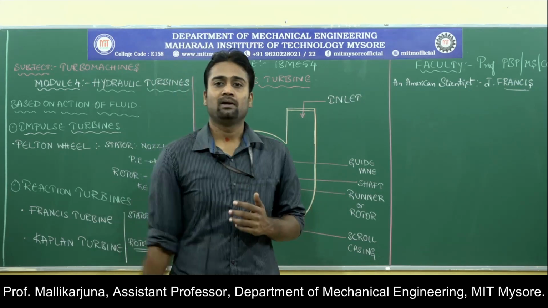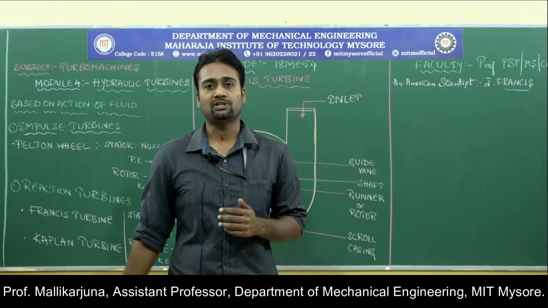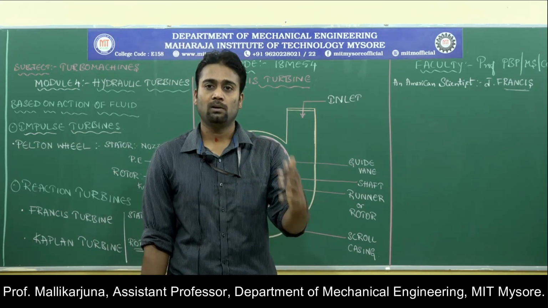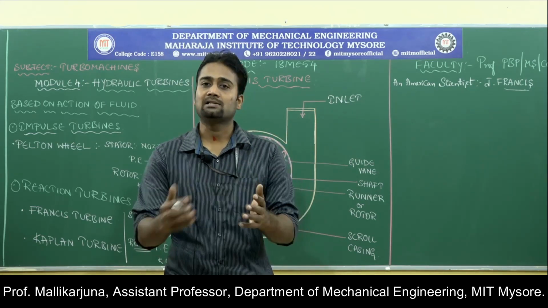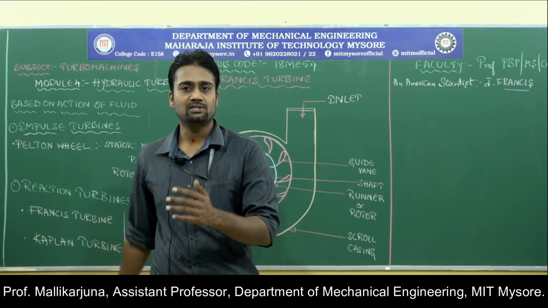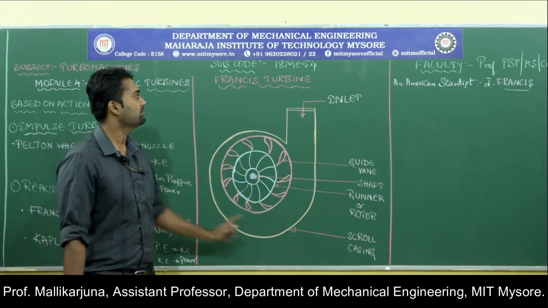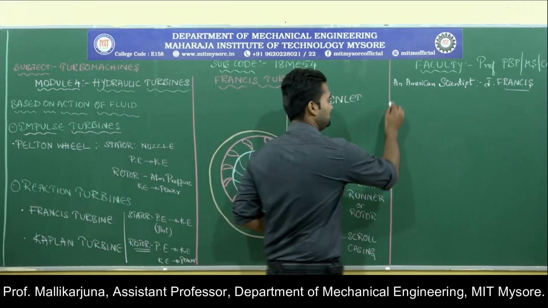Based on the action of the fluid with the rotor blades, the turbines are classified into radial flow turbines, tangential flow turbines as well as axial flow turbines. Various other classifications are also there. In those classifications, under what category does this Francis turbine fall? Let us look into that.